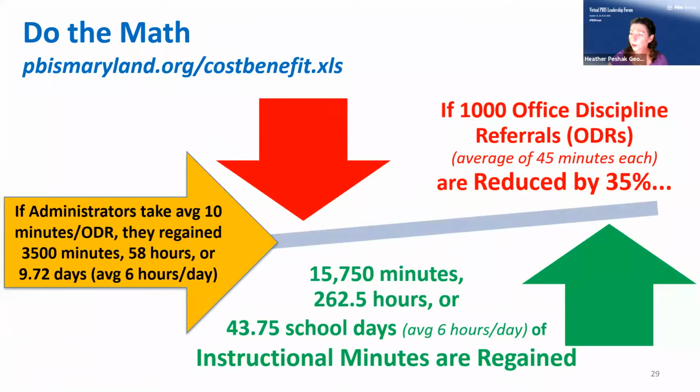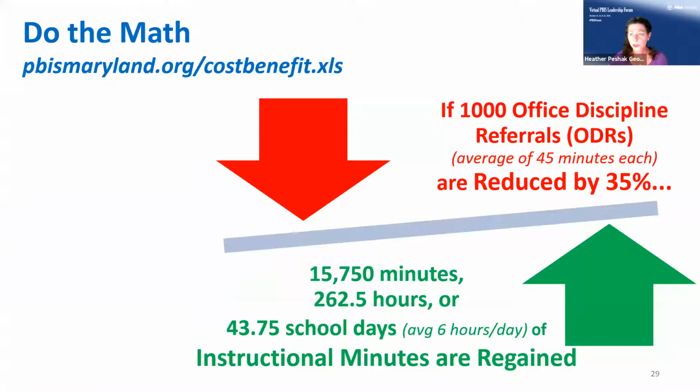So I want you to think about doing the math overall here. If you have 1,000 office discipline referrals, you reduce them by 35%. It may not seem like that big of a deal, but actually you gain over 43 instructional days.